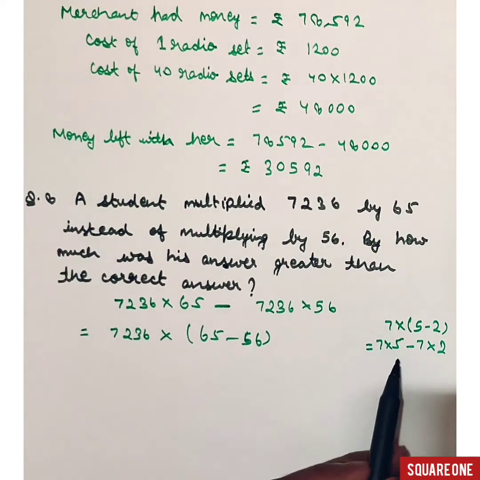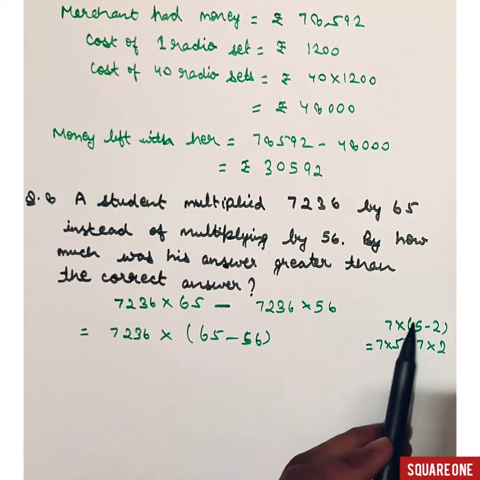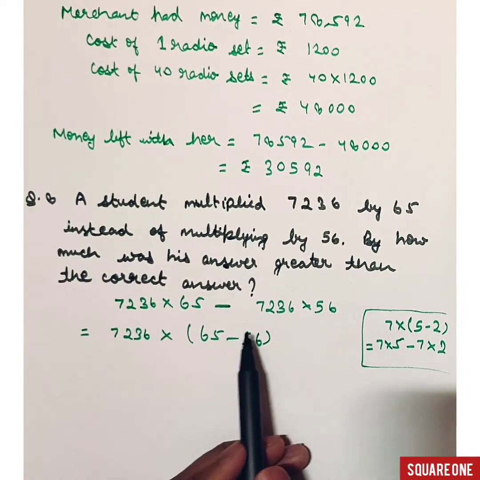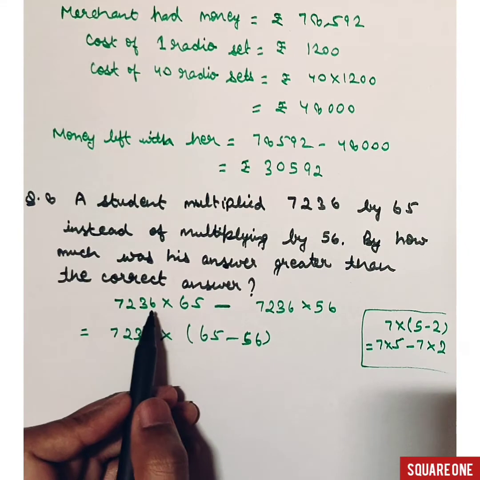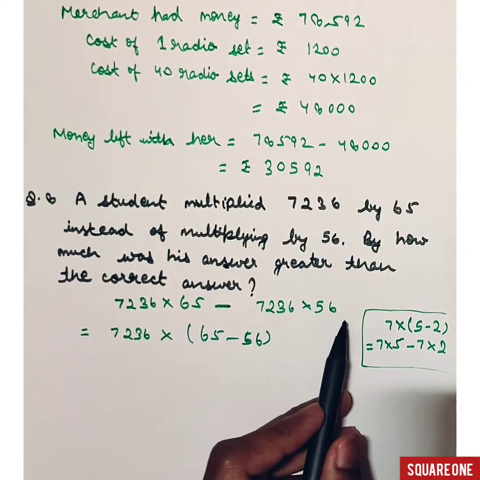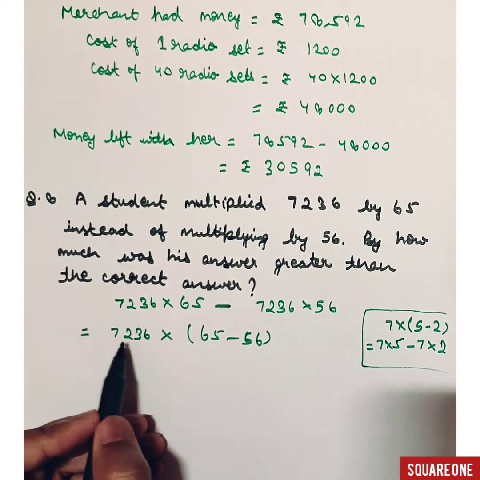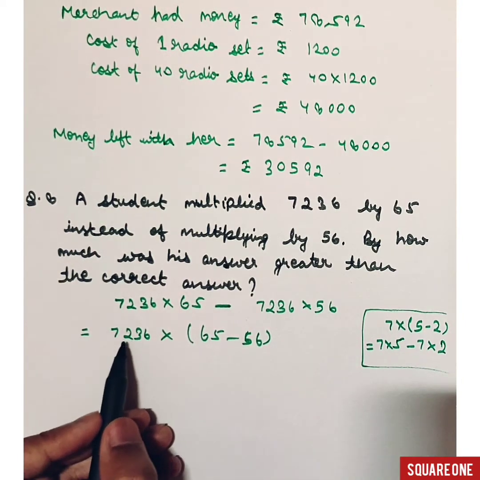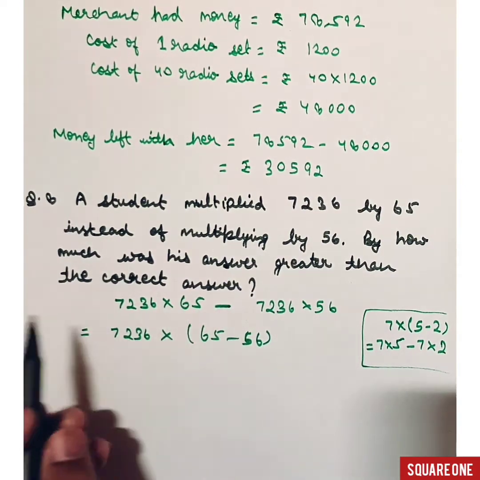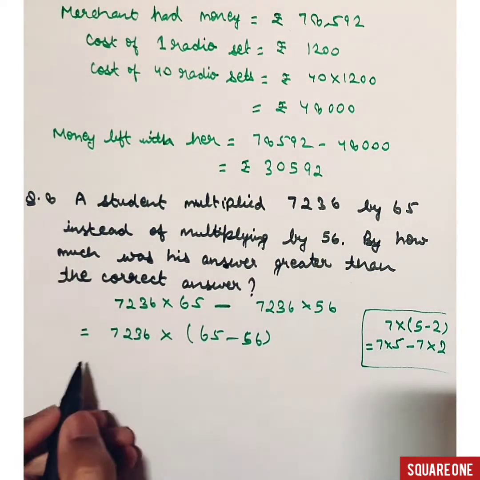If I have been given 7 into 5 minus 7 into 2, I can write this as 7 into 5 minus 2. So I have used this concept. I have been given 7236 multiplied by 65 minus 7236 multiplied by 56. I make use of this concept and I have written directly 7236 multiplied by 65 minus 56. 7236 is common, so I have taken it out.